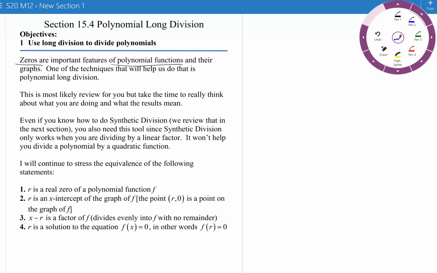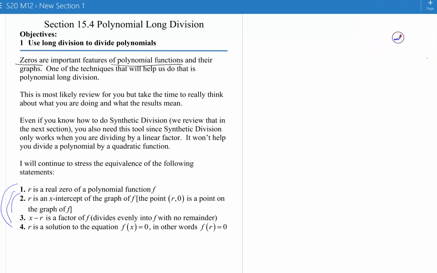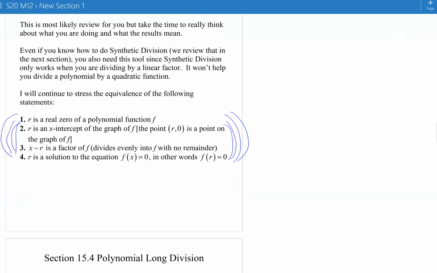So I want to continue to stress the equivalence of these four statements to make sure you're realizing that if I tell you that 4 is a real zero of some polynomial function f, that means you know that (4, 0) is an x-intercept on the graph.